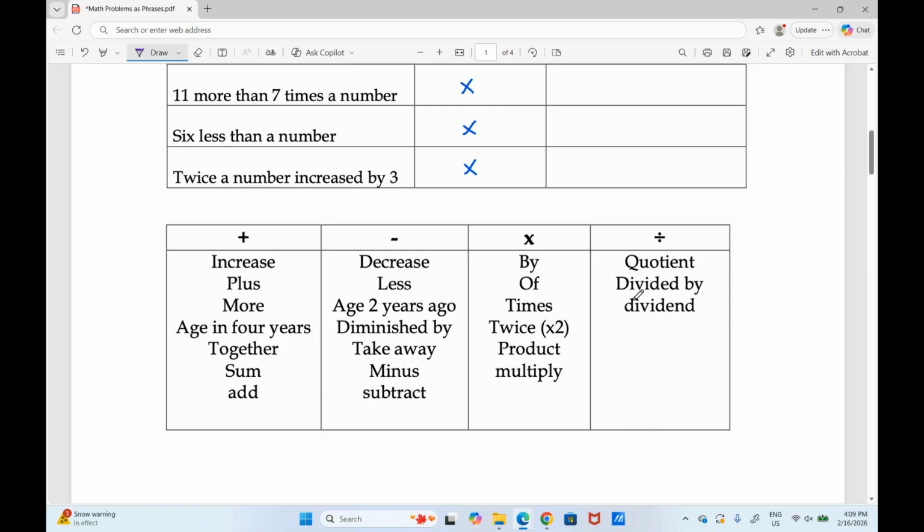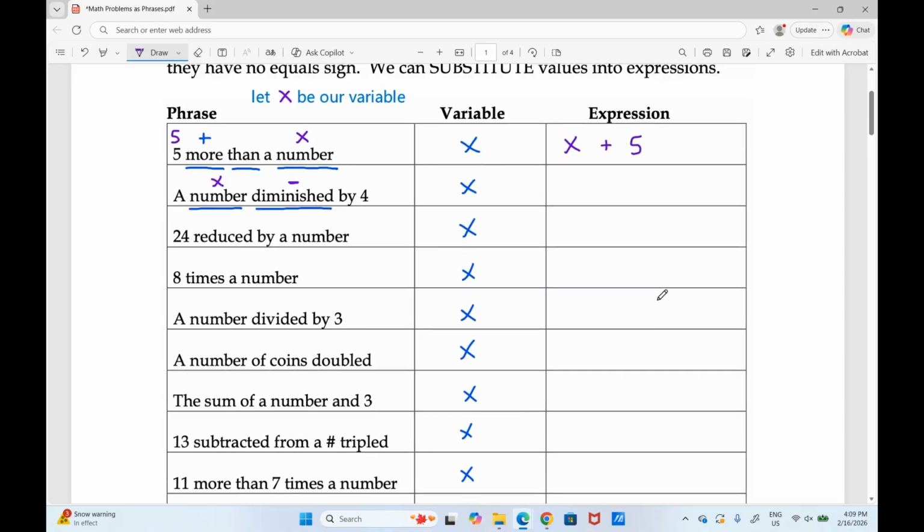And phrases for division are quotient, divided by, the dividend, or shared equally that we talked about earlier. So for this one, a number x diminished by 4, this would just be written as x minus 4. And that's my expression there.